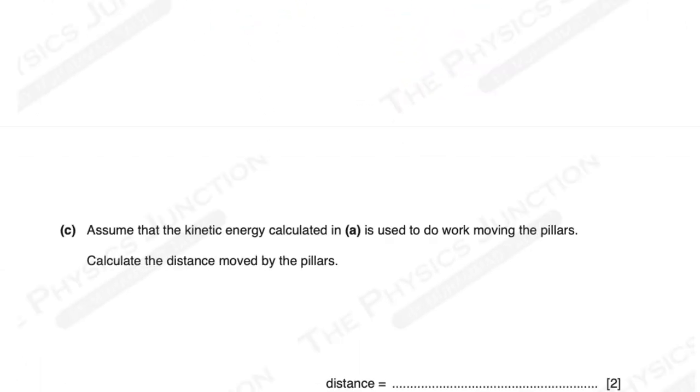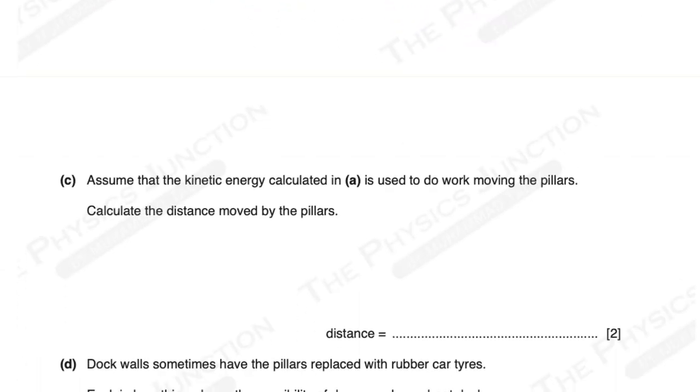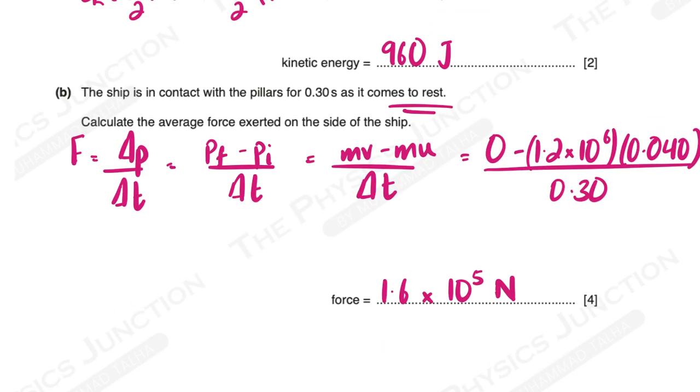Next, assume kinetic energy is used to do work moving the pillars. Calculate the distance moved by the pillars. So I found the kinetic energy, and this was the force exerted on the side of the ship by the pillars. By Newton's third law, this would also be the force exerted by the ship on the pillars. So this is what you need to use in the next part.